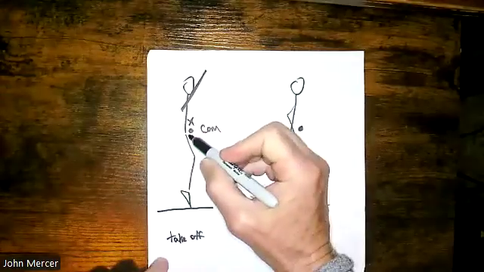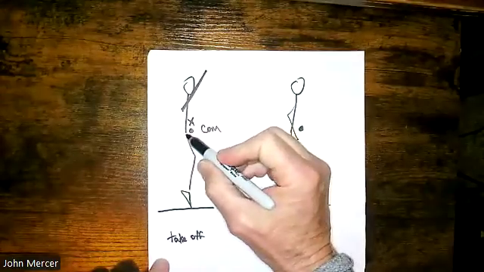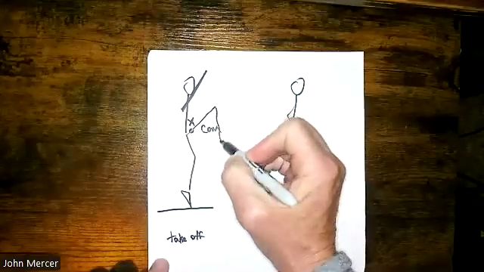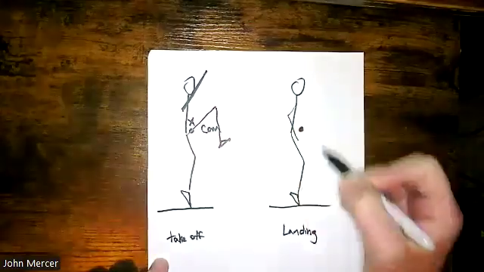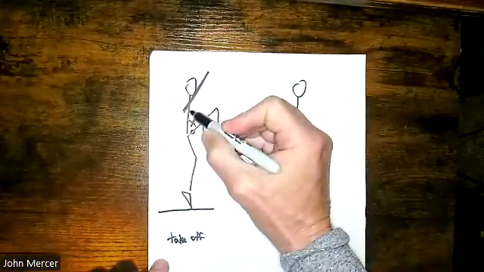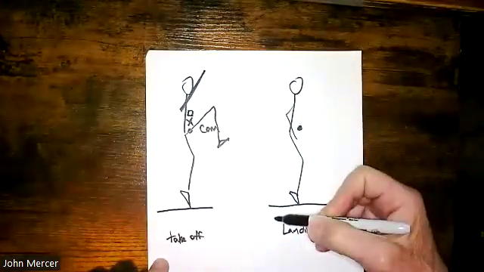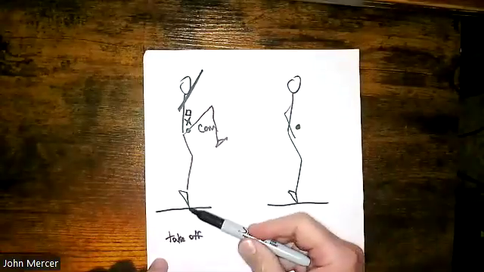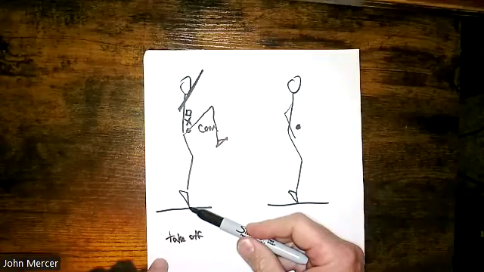If they use the leg, like they do a single leg jump, and I'm going to draw the other leg in here. Well, that's pretty extreme, but what that does is also move the center of mass up, because now we have more mass upwards at takeoff. Now I'm taking off from 1 foot.